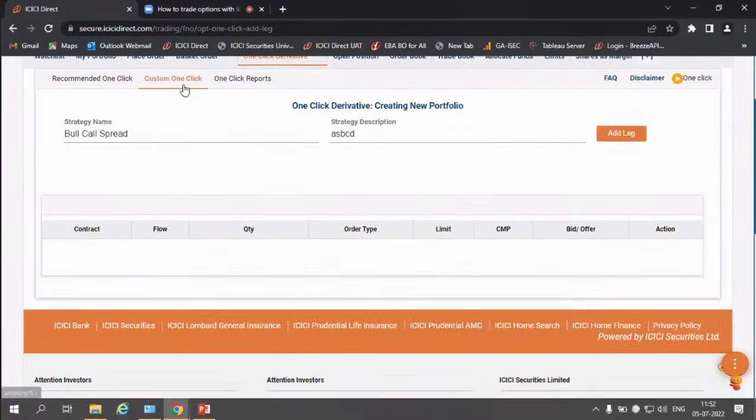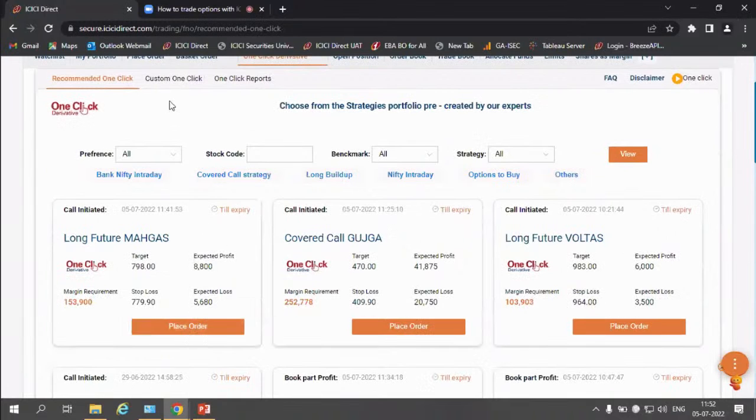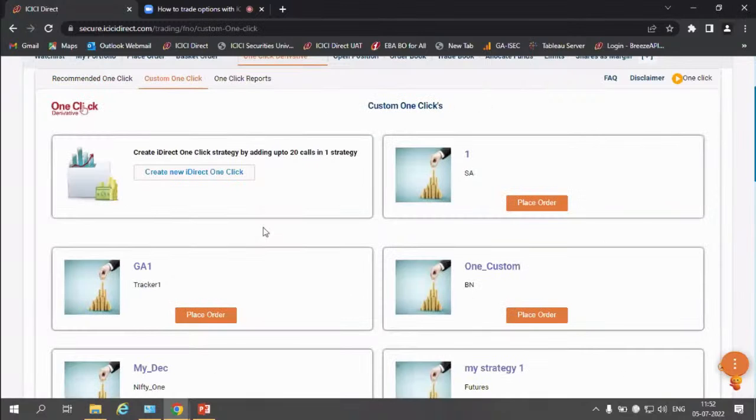But yeah, the purpose of the custom one-click is that if you want to design your own strategies, you will be able to do that on your own. Recommended one-click will be available. Custom is something that you can design on your own basically. I think that's it. There are no more questions.